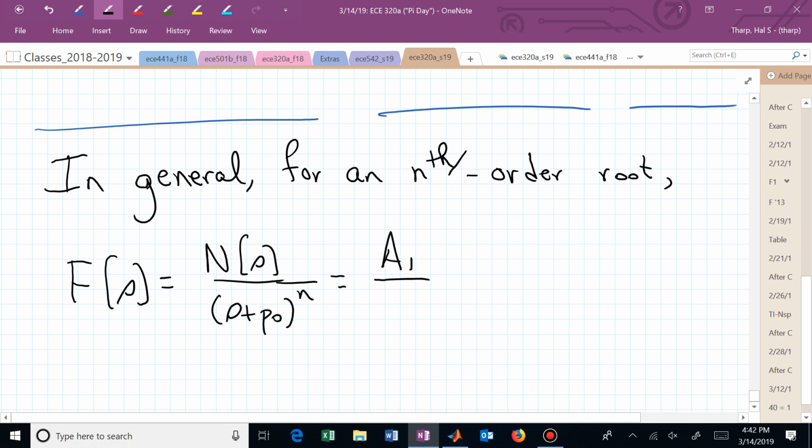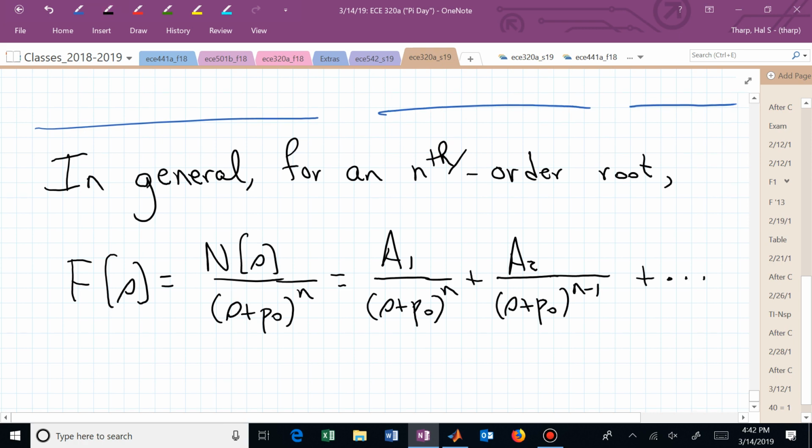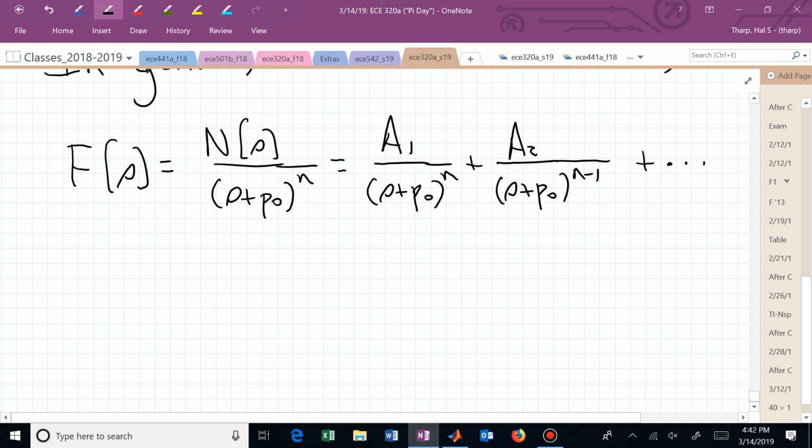Then we would have a1 over s plus p sub 0 to the n, plus a sub 2 over s plus p sub 0 to the n minus 1. And I would just keep going until I had a sub n over s plus p sub 0 to the first power.